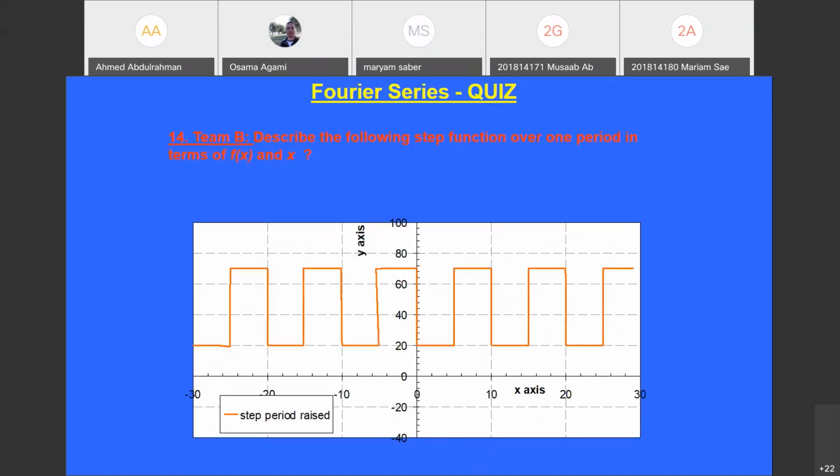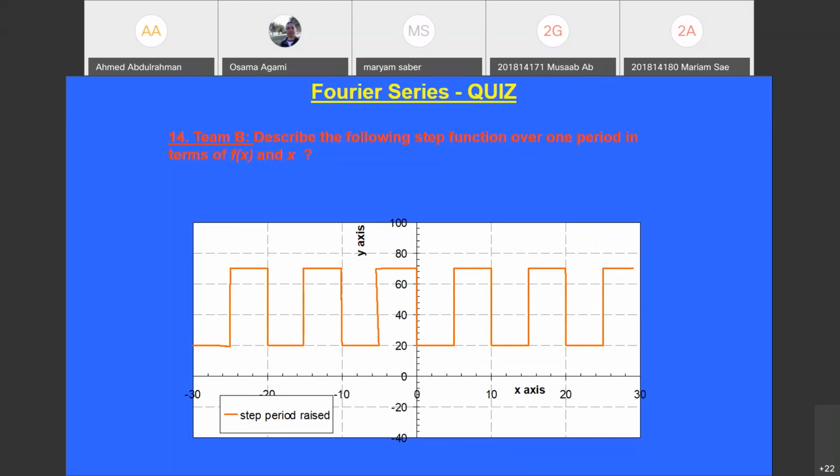Let's go for the female, please. Also describe the following step function over one period in terms of f of x. First, you have to find the period, right? You have the scale for x from 0 to 10.